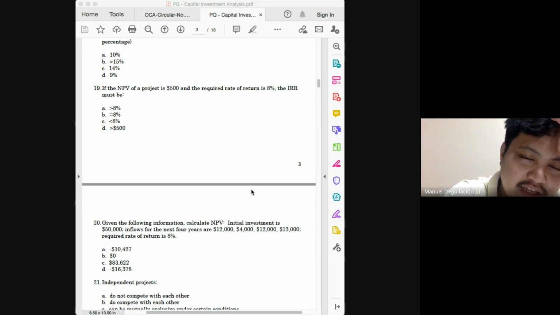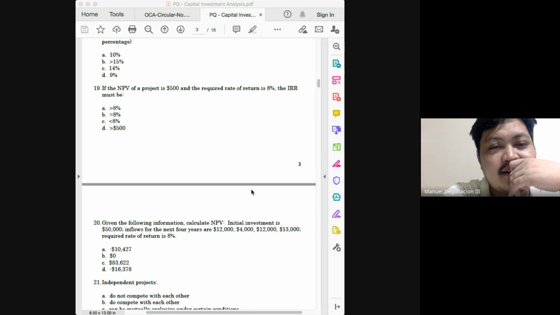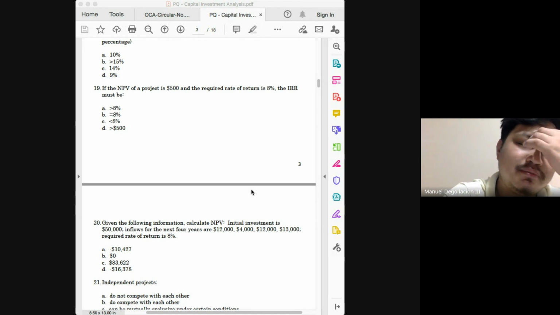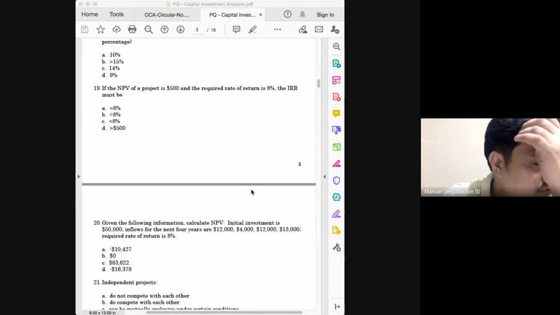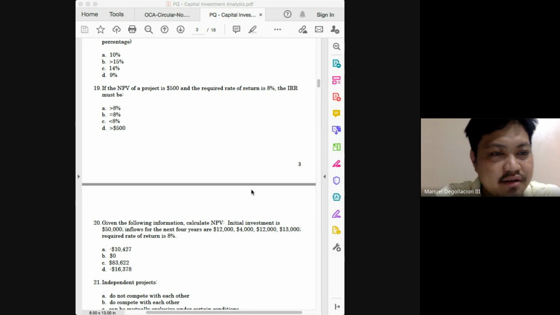So that means we will need an interest rate that is greater than 8%. Again, the higher the discount rate, the lower the present value. We know that if the discount rate is 8%, the present value of the cash inflows would be greater than the present value of cash outflows by 500. We want to bring the difference to zero, so we need a higher discount rate or interest rate. So that's why the answer here would be letter A, greater than 8%.